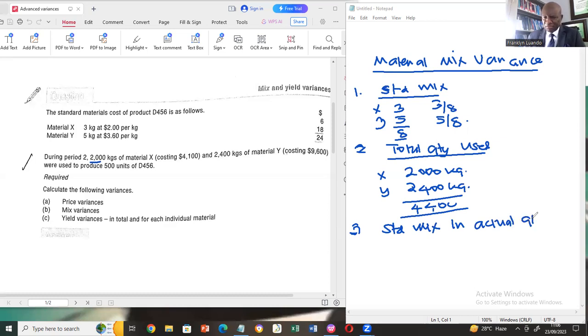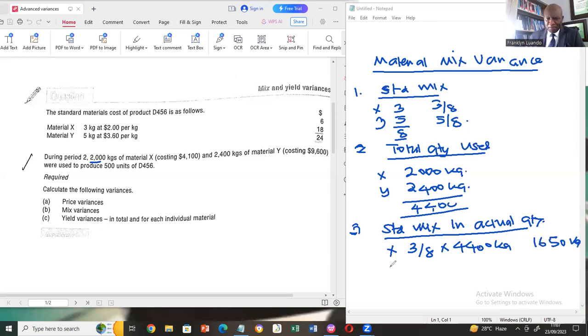For X, we have 3/8 multiplied by the total quantity, 4,400 kilos, and this gives us 1,650 kilos.